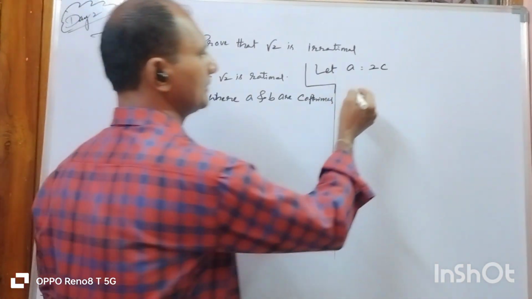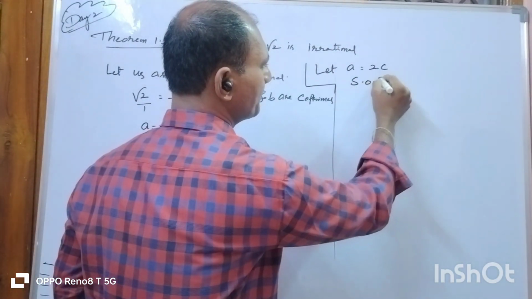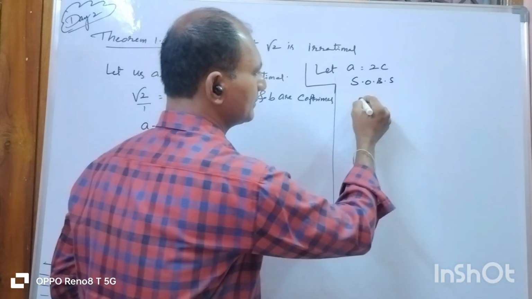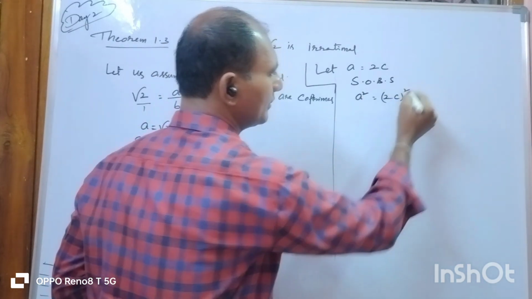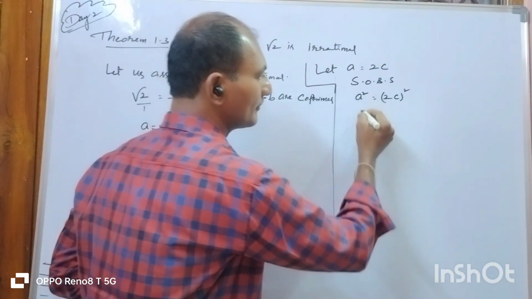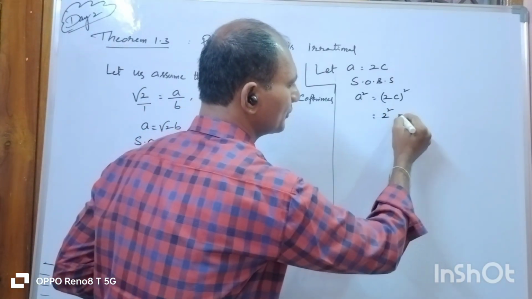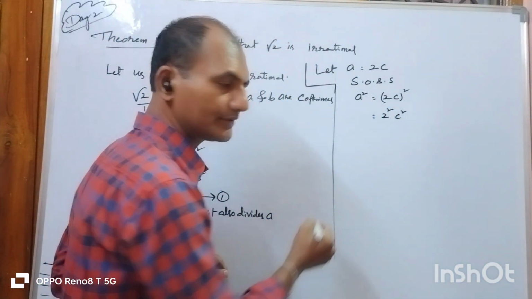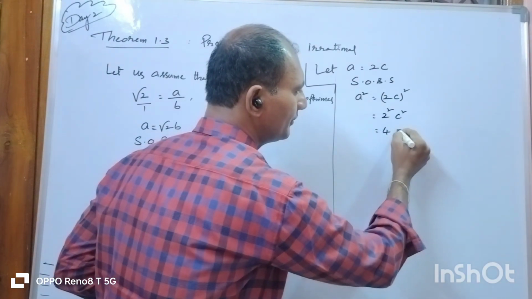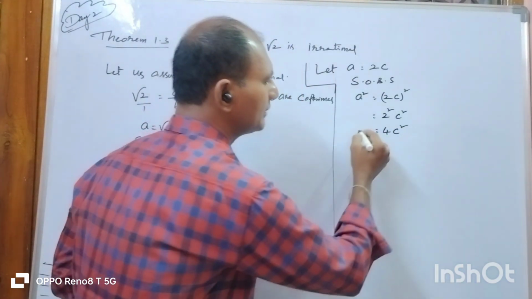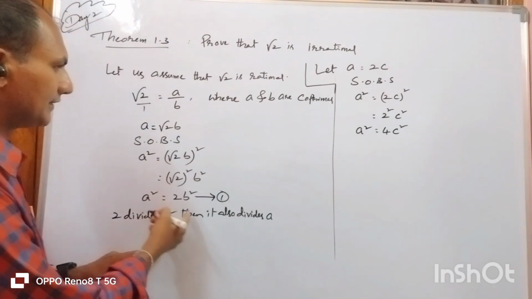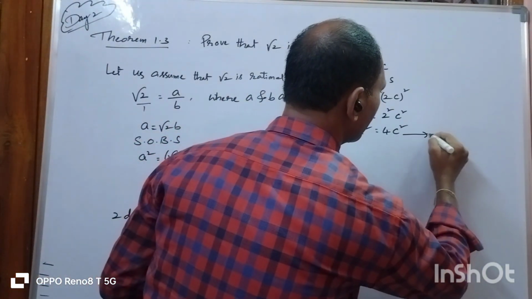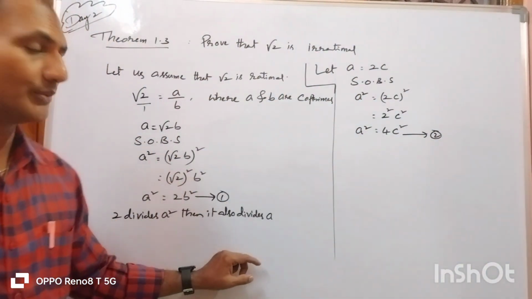Squaring on both sides here also means a square equals 2c whole square, that equals 2 square c square. 2 square means 4c square. What is this? This is a square. See, this is equation 1. Now I will write this is equation 2.